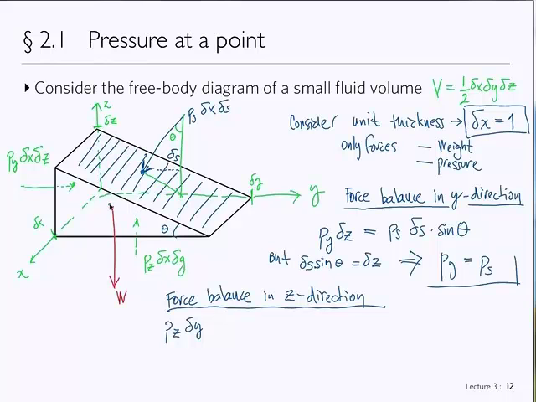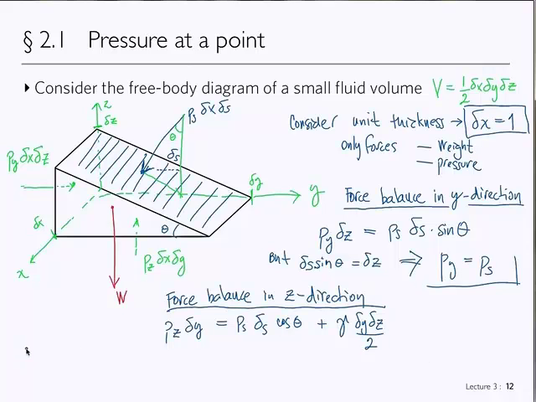Every other one is pointing down. The weight and this pressure are pointing down. So we have the pressure component here is ps delta s times the cosine of theta, and now we have also the weight, which is gamma of the liquid times delta y delta z divided by 2. Again, delta x is taken to be 1.